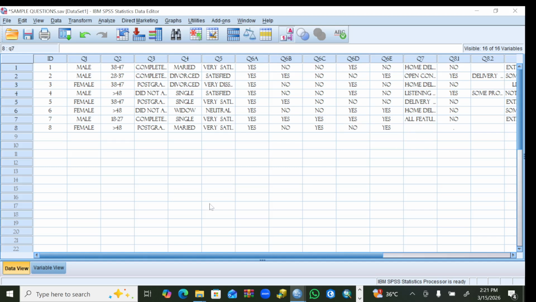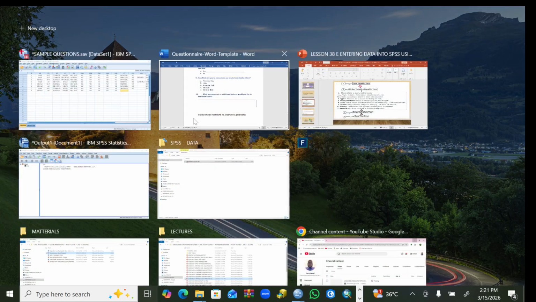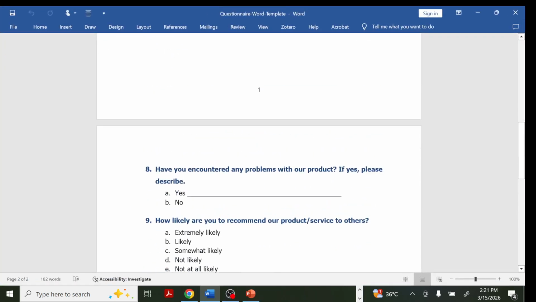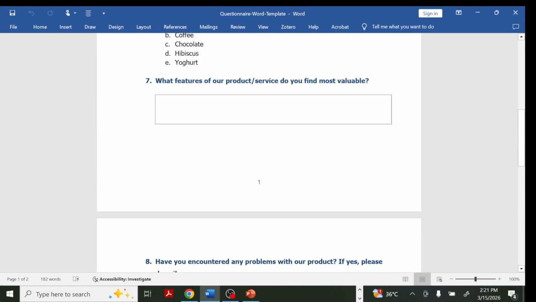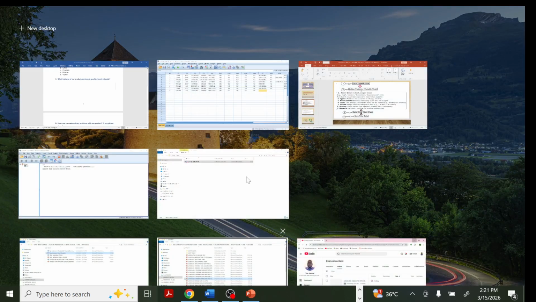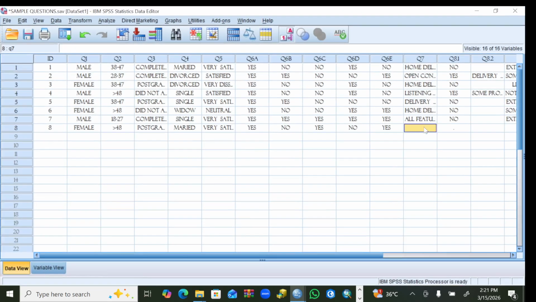And the question is number 7. You go back to the questionnaire. Number 7 is asking, what feature of our product service do you find most valuable? So here is saying all features are valuable.